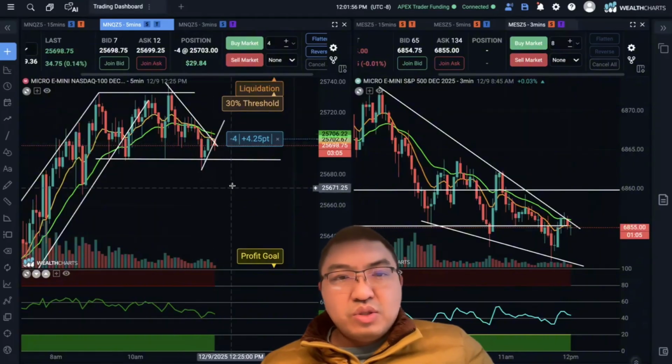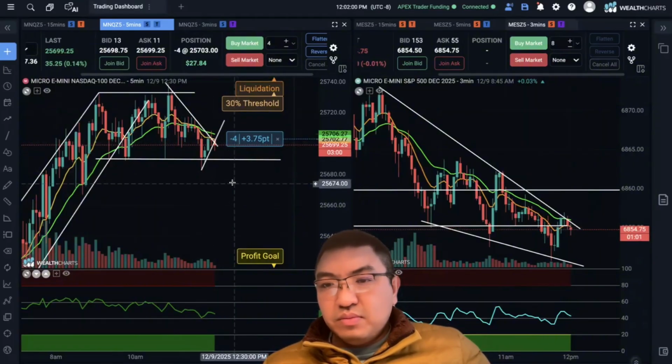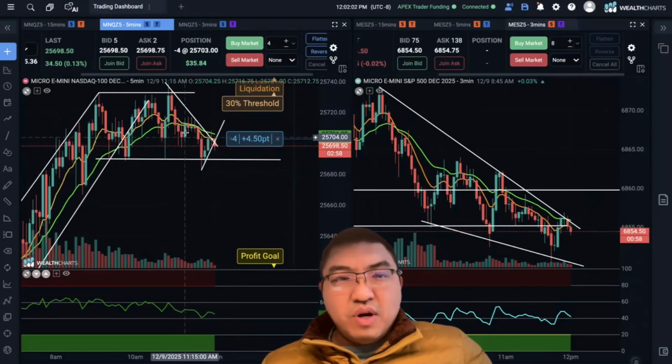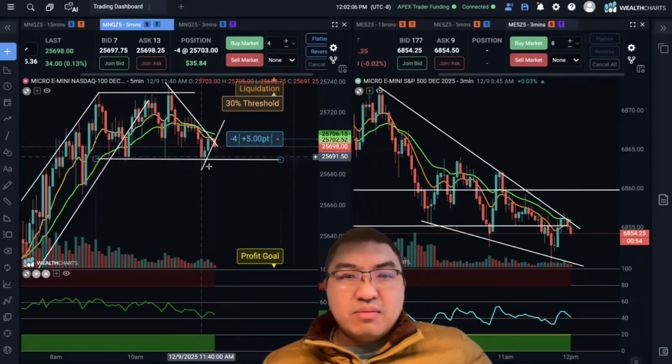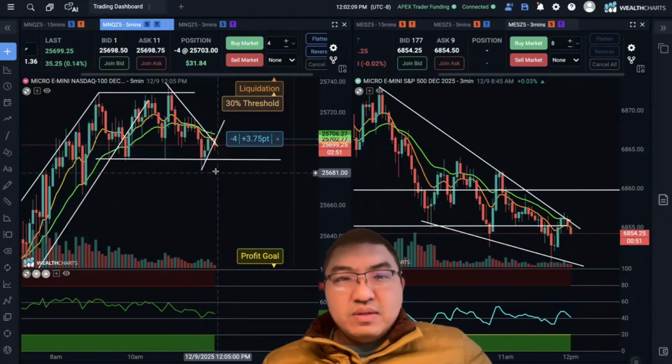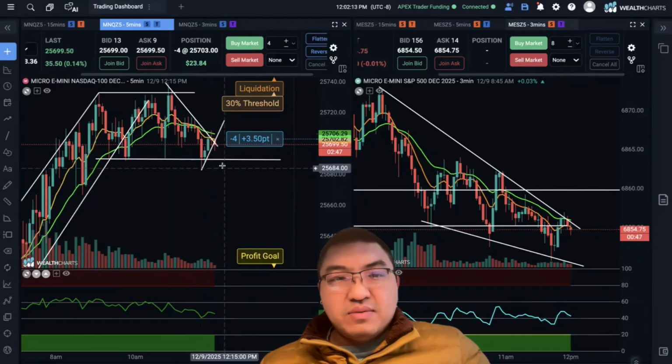I don't lose too much, and I avoid the risk that it keeps going up. So that's a very nice trailing stop loss. If trailing stop loss can combine with take profit, that's even better.